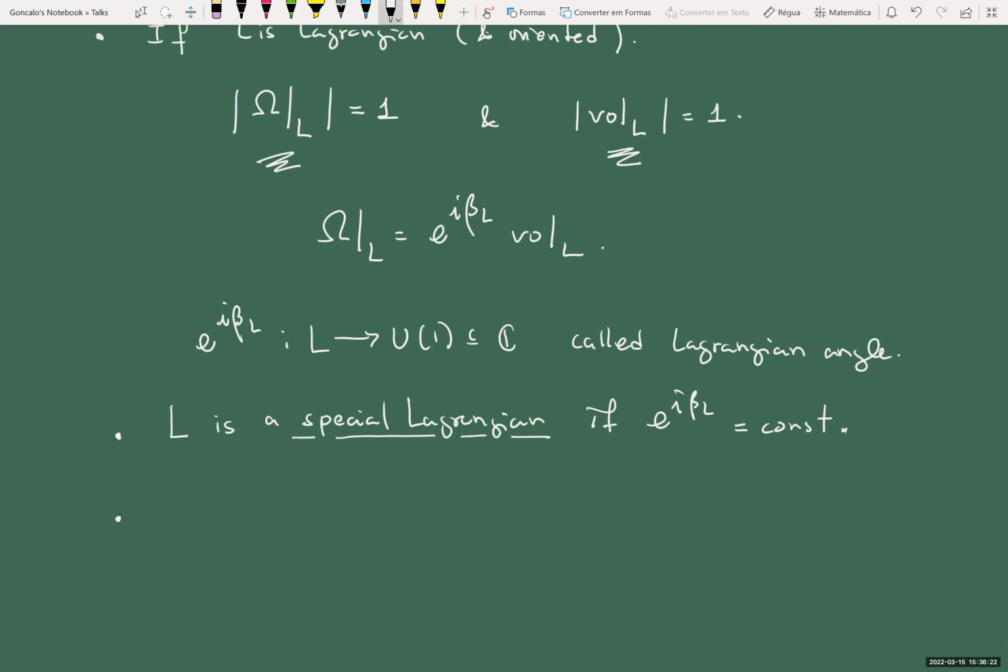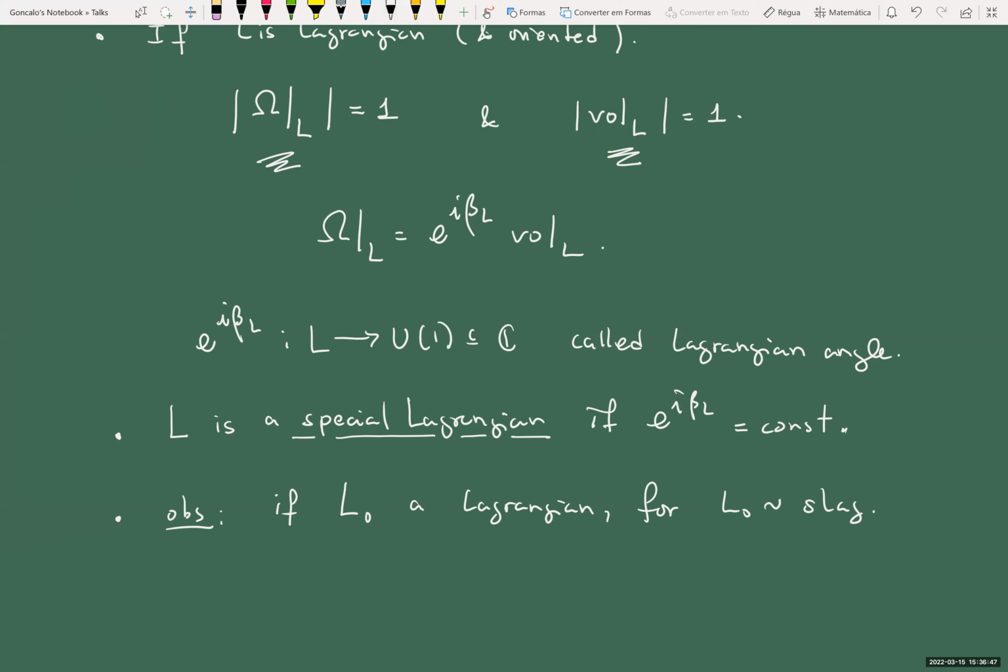But now let me make a remark first, or an observation. So if you are given an L naught, for it to be Hamiltonian isotopic to a special Lagrangian, you must be able to deform e to the i beta L naught to a constant.